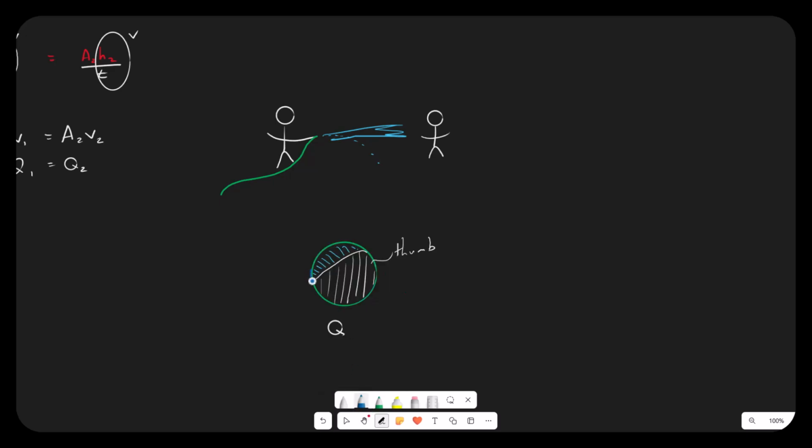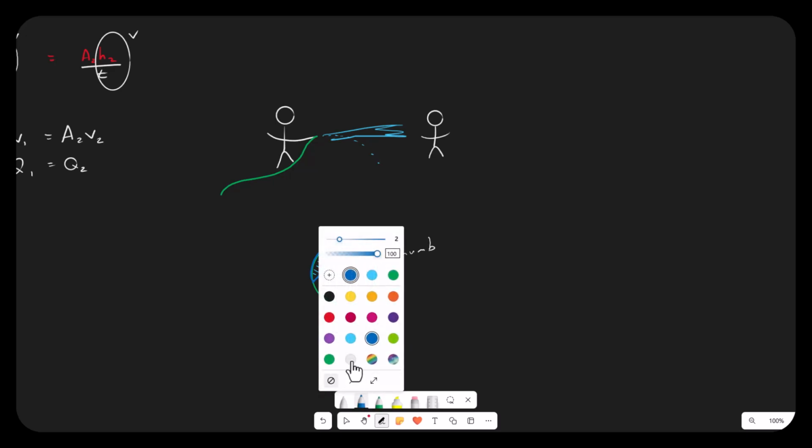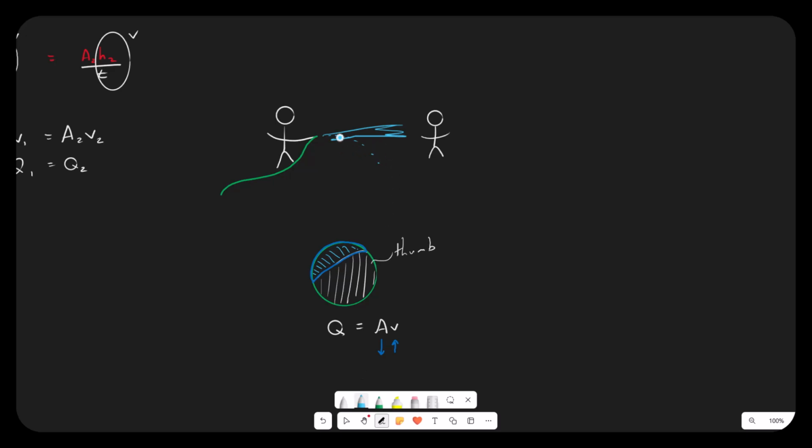We had the whole area of the circle. Now we've got only this area that the water can go through. If flow rate is an area times the speed, and we drastically decrease the area, then we increase the speed to offset that. So now this water that comes out is going a whole lot faster.